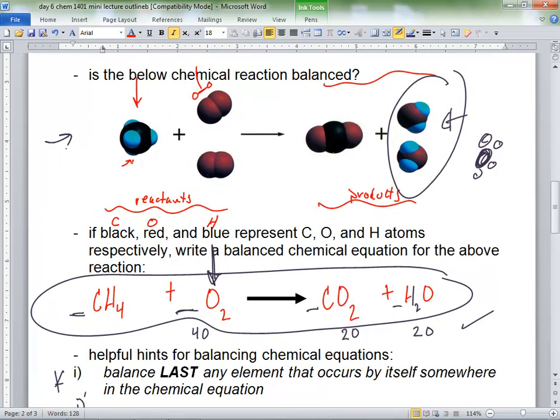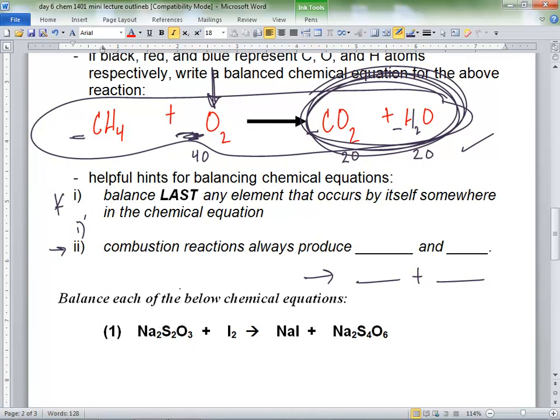You get carbon dioxide and water. Right? For any combustion reaction, you get carbon dioxide and water. See how you're reacting oxygen? It's actually burning. You always produce CO2, carbon dioxide, and water. Okay.